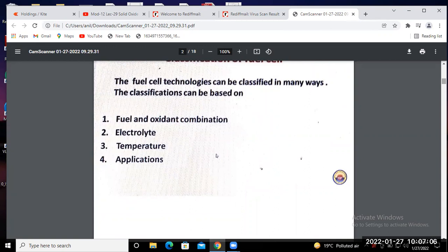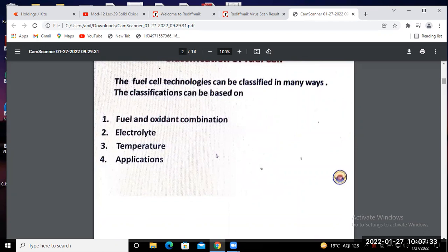That means fuel and oxidant combination: what is the main material for the fuel and the oxidant, combined in this manner to produce the fuel cell.